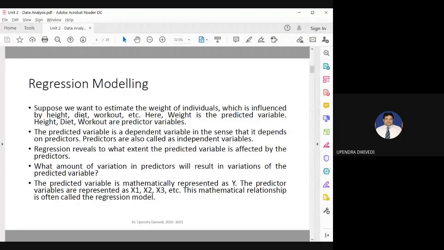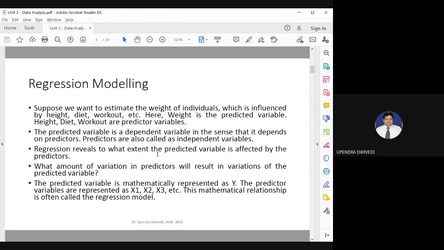If a person is taking a heavy diet, it does not mean that person will have a greater height, and so on. So these variables are independent of each other, but height is somehow related to the weight of an individual, diet is somehow related to the weight of the individual, and workout is somehow related to the weight of the individual. Predictors can be independent variables, and sometimes they can be dependent on each other also.